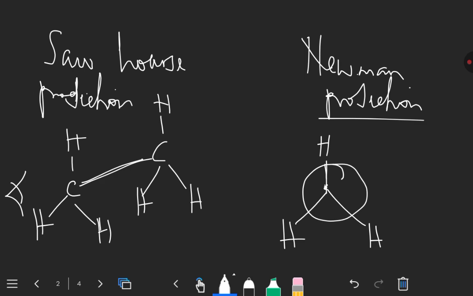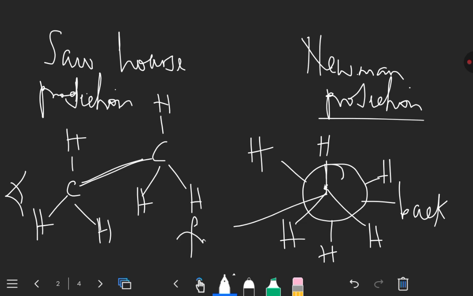Then I'll draw my hydrogen there, my hydrogen, even there, my hydrogen. So I've shown that this is the carbon at the back, then the dot is actually the carbon in front. By doing so, I've shown what is known as a Newman projection.